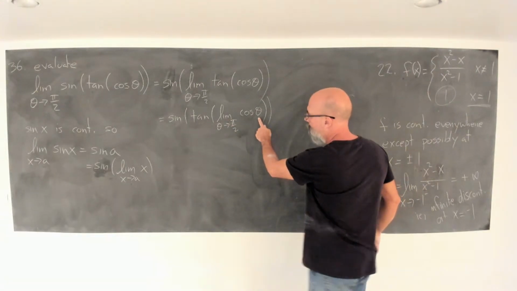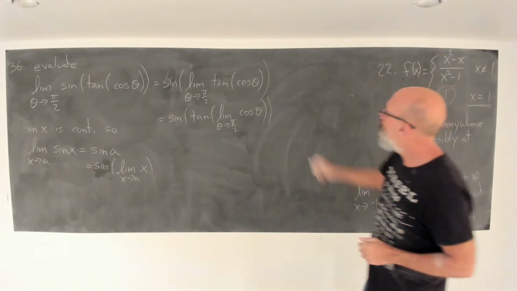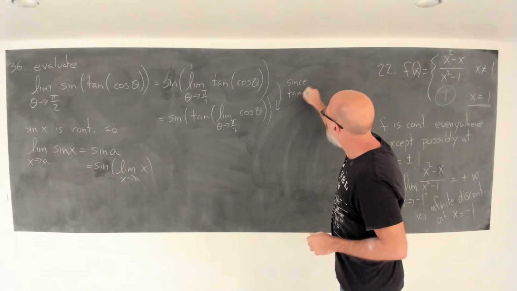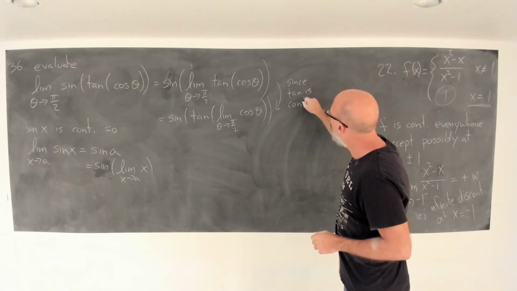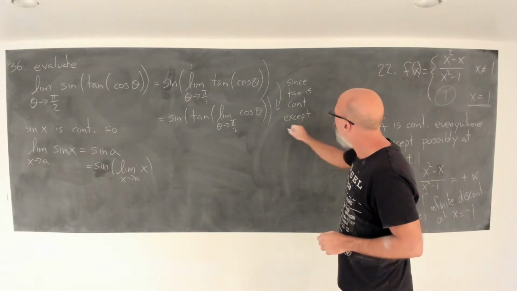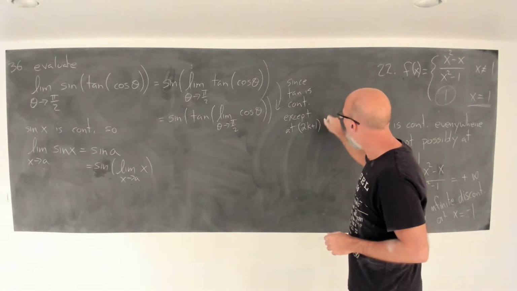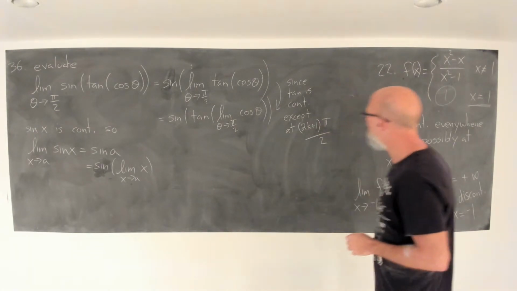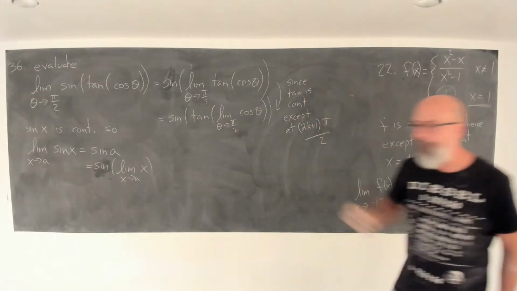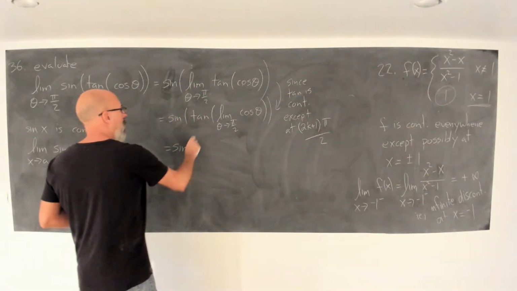This is just cosine of pi over 2, since tangent is continuous except at odd multiples of pi over 2, and this is not an odd multiple of pi over 2.